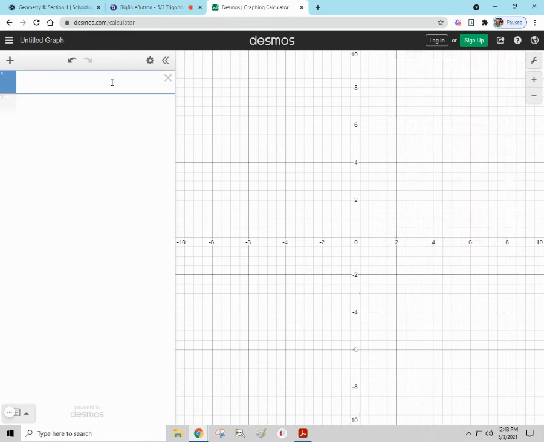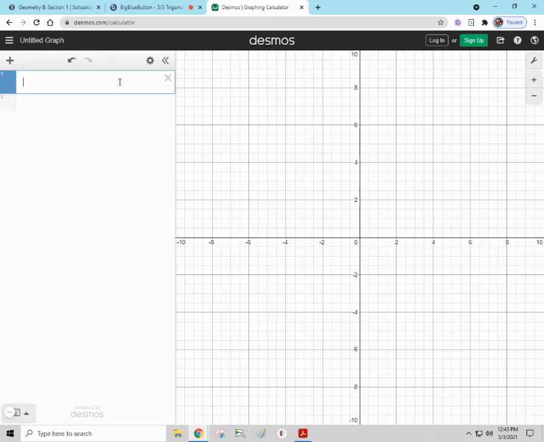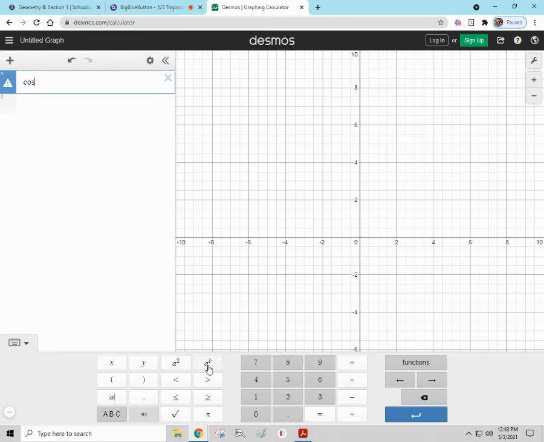And here we have to type cos inverse. So let me type cos and the exponent. If you want to type the exponent, please go to the left bottom. There you see show keyboard. Use that, and a to the power of b. Now you see that it has gone to the exponent.